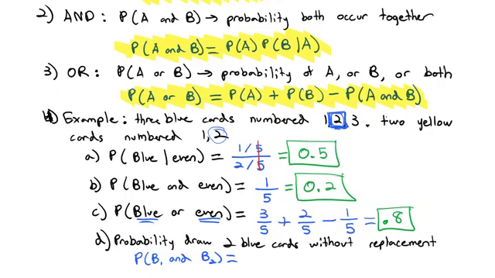Well, for the first one to be blue, the probability of the first event, there are 3 out of 5 that are blue. Then we multiply by the second event, the probability that I get a blue, given the first one was already blue. So now one of the blues is gone. Maybe the 2 is gone. Now there's only 2 blues left. Out of, there's only 4 cards left.